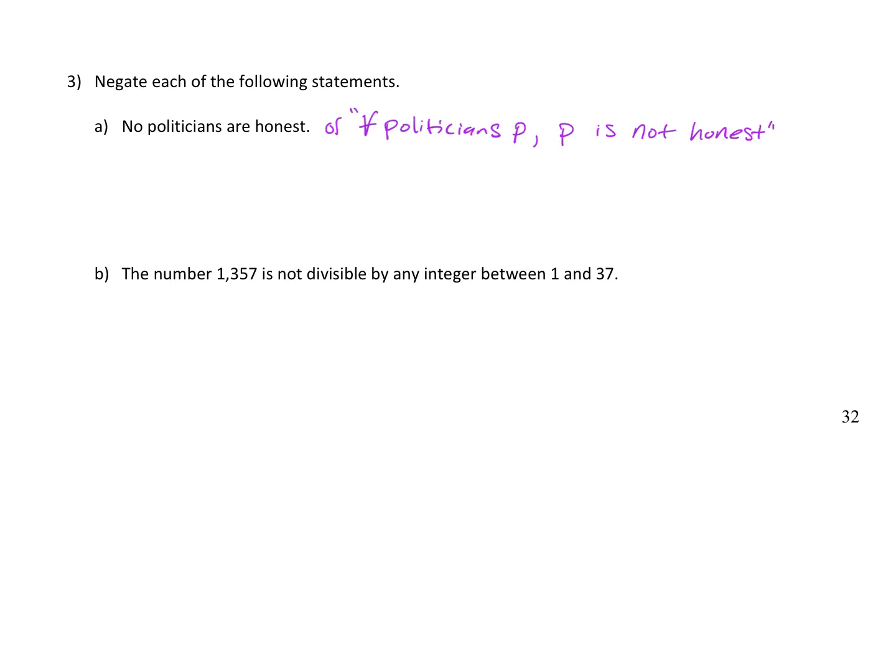Then to negate it, I turned it into a for every, which means its negation is a there exists. There exists a politician P such that P is honest.